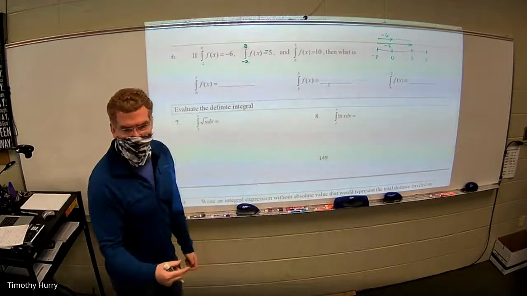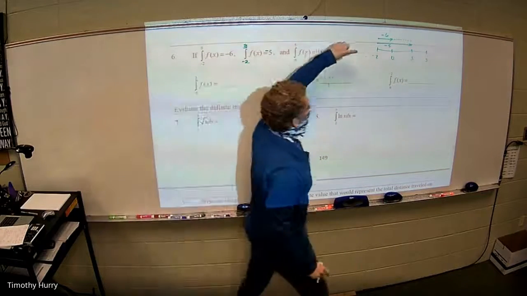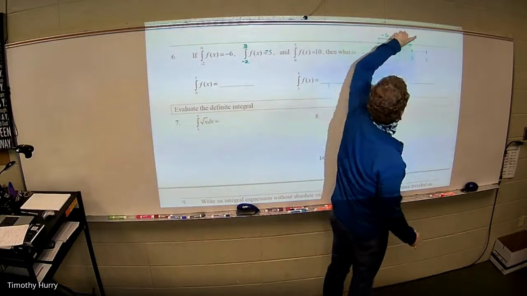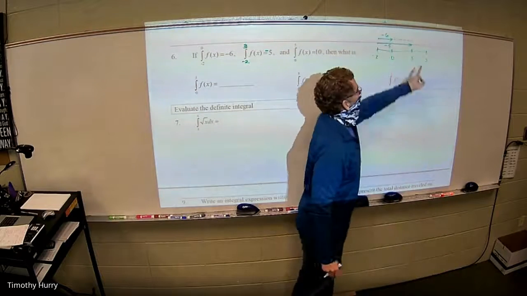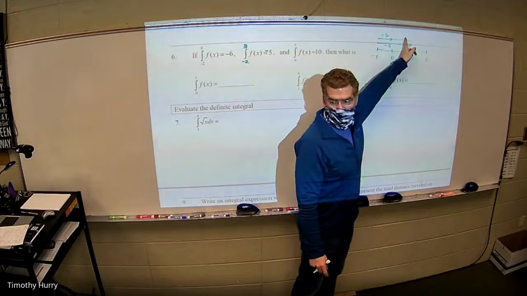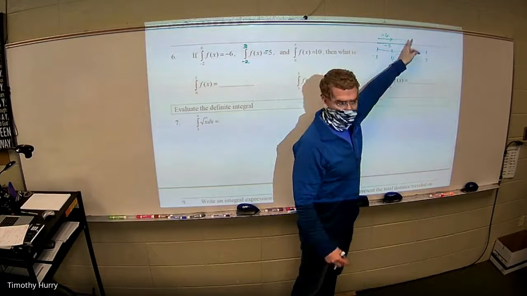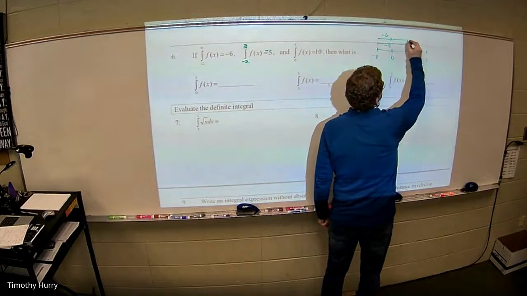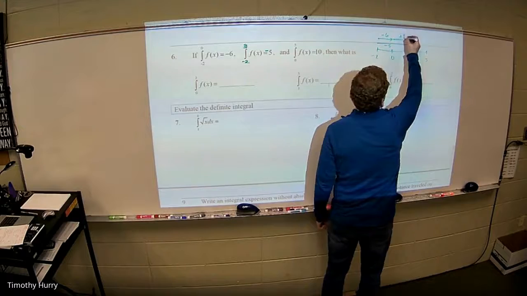What's the only way this sum, or this area and this area, adds to -5? If that's a +1. Does that make sense? I'm just thinking about this almost like an algebra equation. So that means here to there is a +1.